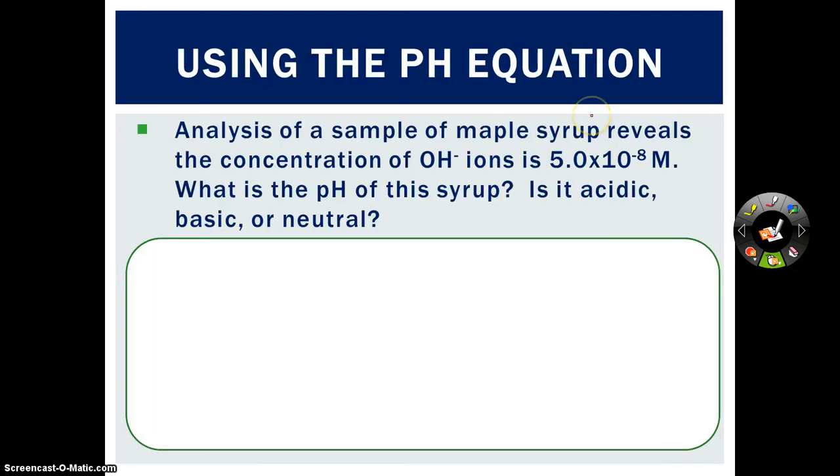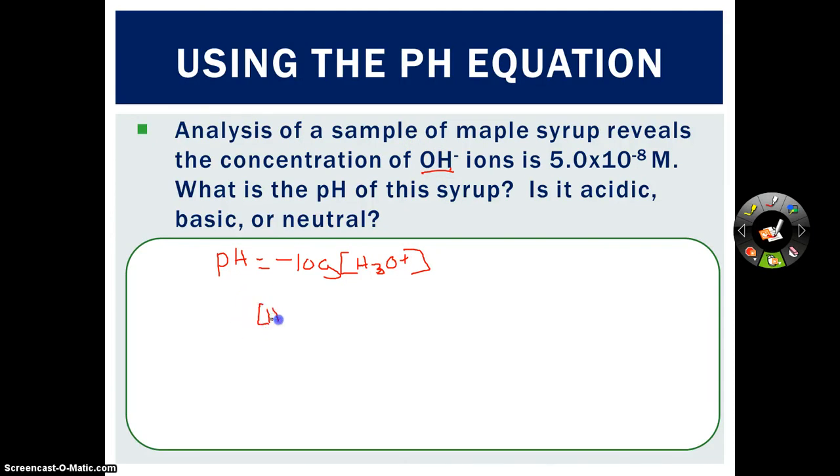So let's do an example. Analysis of a sample of maple syrup reveals its concentration of, now this is hydroxide ions, is 5.0 times 10 to the negative 8. I want to know the pH. pH is equal to the negative log of the hydrogen or hydronium ion concentration. I'm given hydroxide. I have this and I want this, that's Kw.